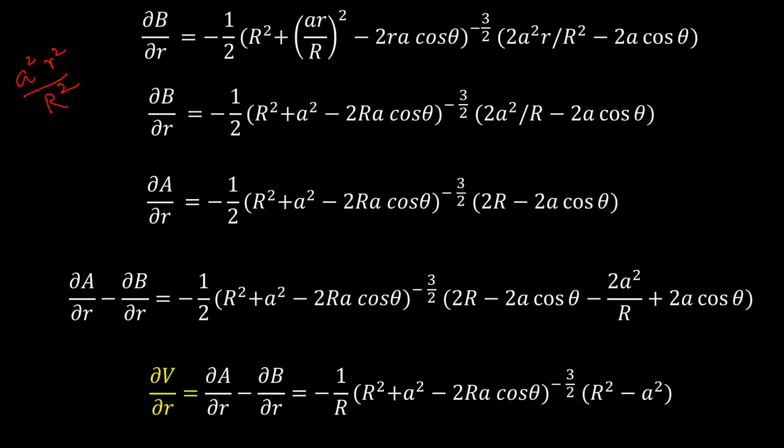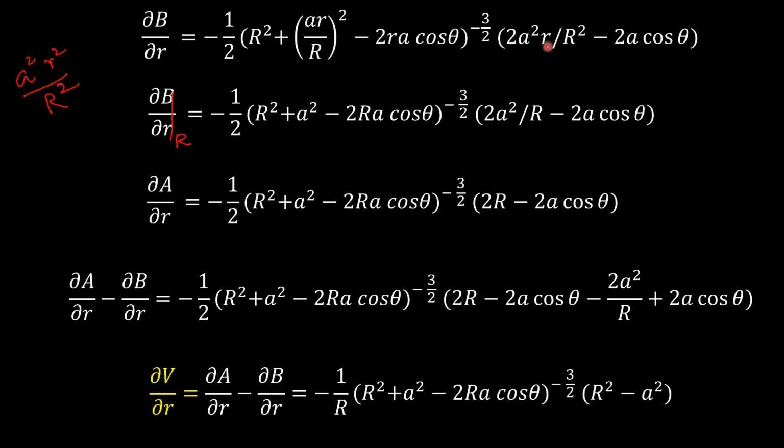At the boundary, dP over dR at boundary capital R is equal to, you replace small r by capital R. The first term will come as it is. In the second term, capital R divided by capital R is 1, so this will become simply a squared, minus 2 capital R a cos theta, power minus 3 by 2.